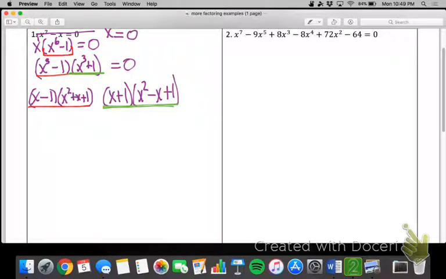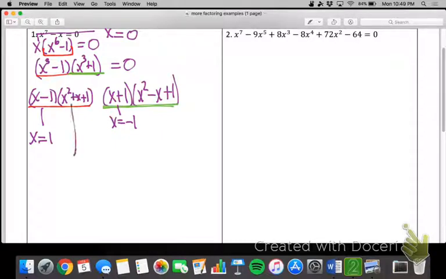Right? And now we just need to solve each of those individual parts. So this is going to tell me x equals 1 as a solution, and this tells me x equals negative 1 as a solution.